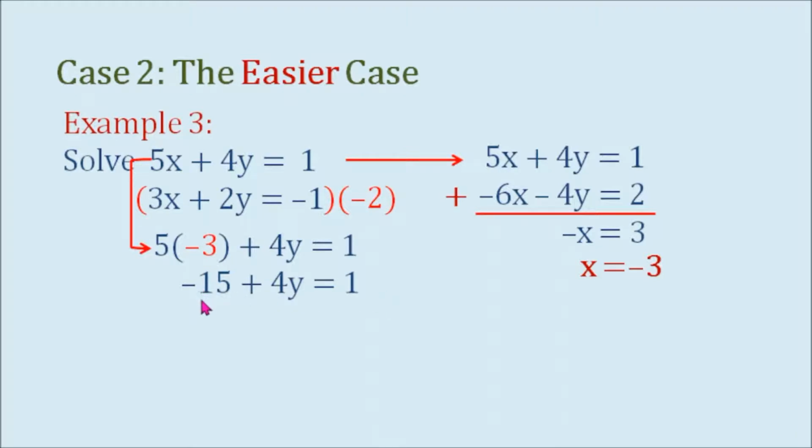Then adding 15 on both sides of the equation, we have 4y equals 16. Dividing both sides by 4, we have y equals 4. So x equals -3 and y equals 4. We can write our answer as (-3, 4).